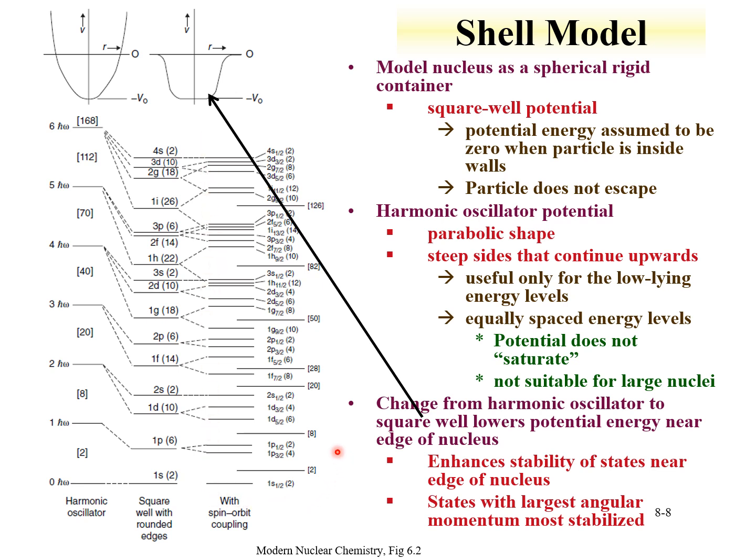And this allows us to see where the magic numbers come from, where we have gaps in the energies between the levels, and these occur at 2, 8, 20, 28, 50, 82, 126. So the shell model is really the square edges and spin-orbit coupling combined.